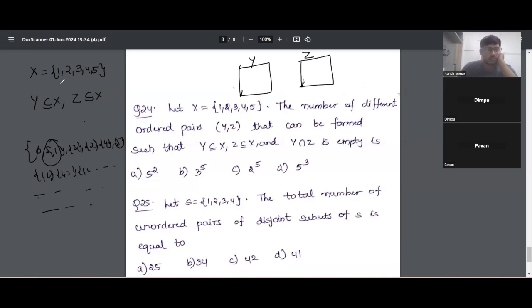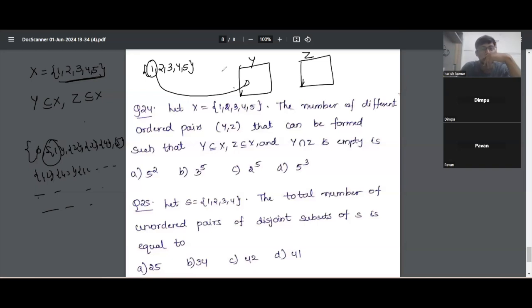Now let's see how many options 1, 2, 3, 4, 5 have. 1 can go to set Y, right? I'm trying to form sets here.